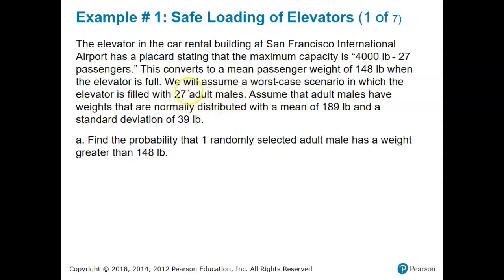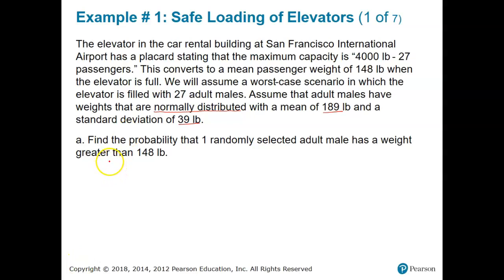Any combination of males and females, or even all females, would be a situation where the elevator would be filled with a lesser weight load. We want to assume that adult males have weights that are normally distributed, and this is important, with a mean of 189 and a standard deviation of 39 pounds.